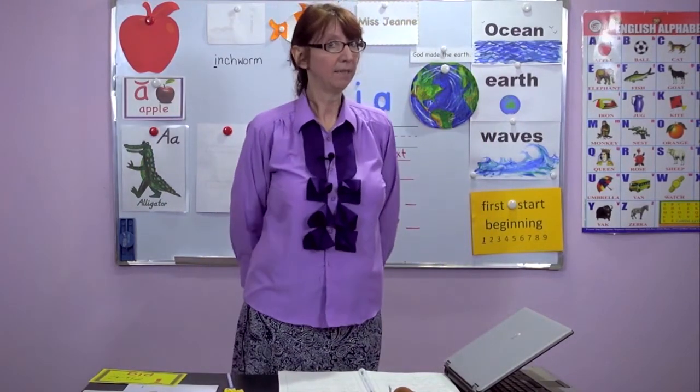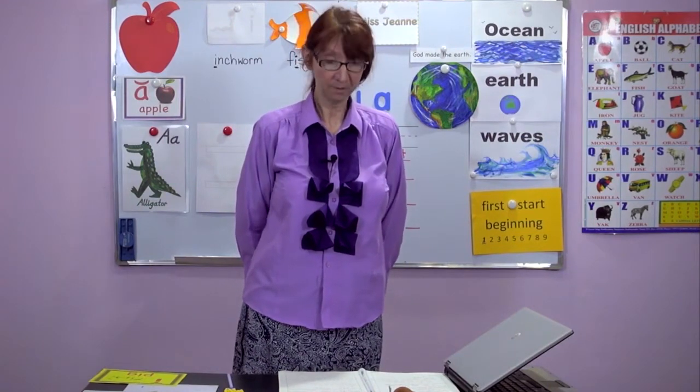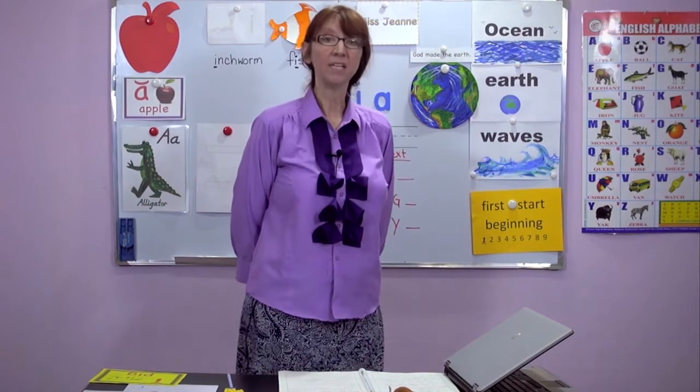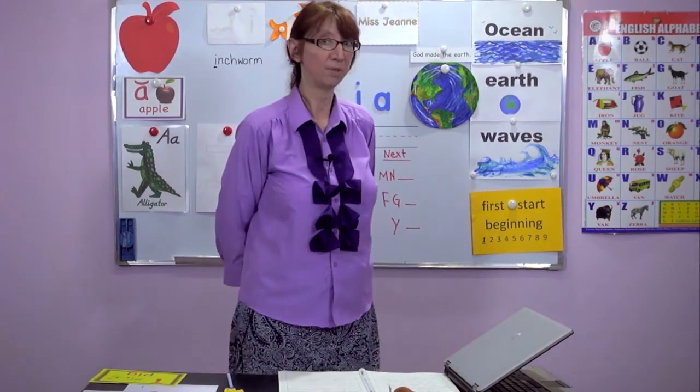So that tells me we know the ABCs. Doesn't that tell you that too? Very good. That means we can move on and do more harder things and we can learn some new things.